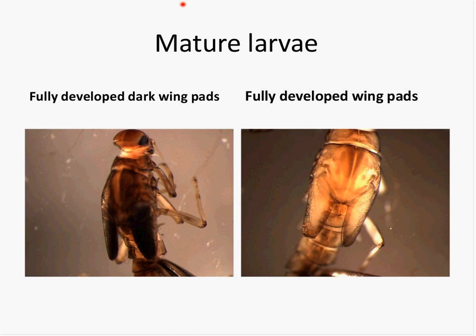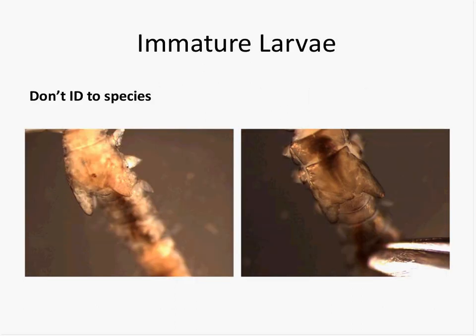Let's move on to the next slide here. Immature larvae. If you look at these guys, they have much smaller developed wing pads. And even in this wing pad, you can see there's some striations for the developing wing.